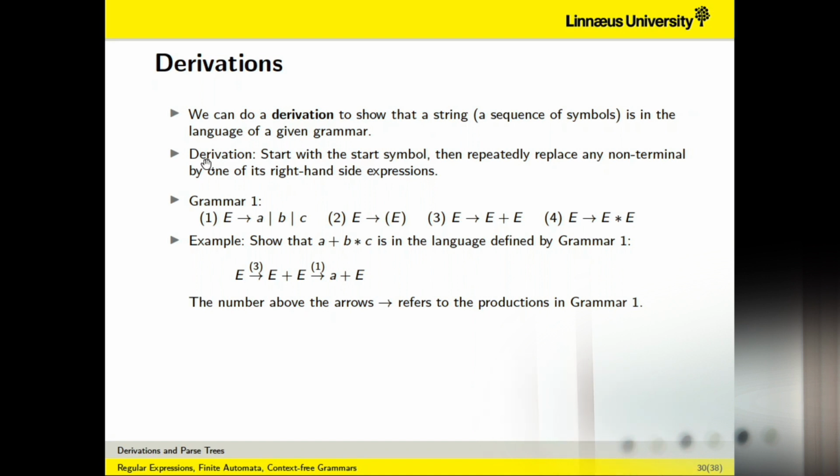To show that a plus b multiplied by c can be defined by this grammar, we can start by taking any of these rules. If I take this rule, I cannot move further. From this rule, I can get either a or b or c. I cannot get anything else.